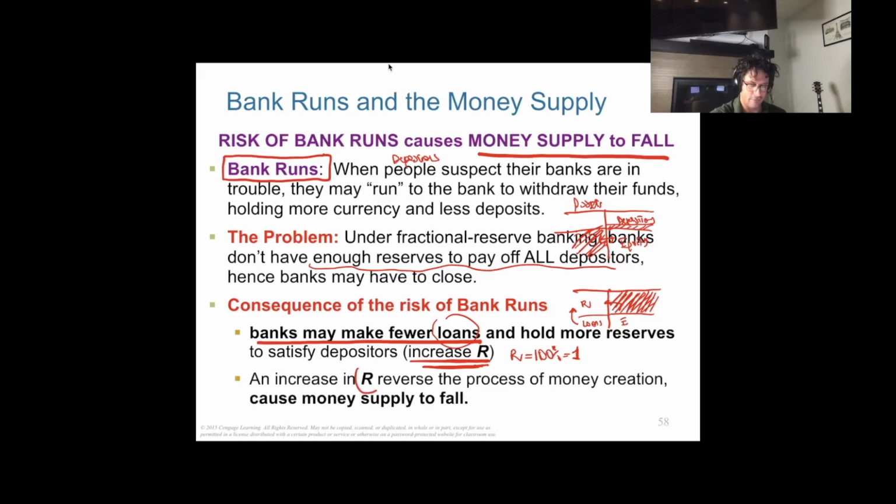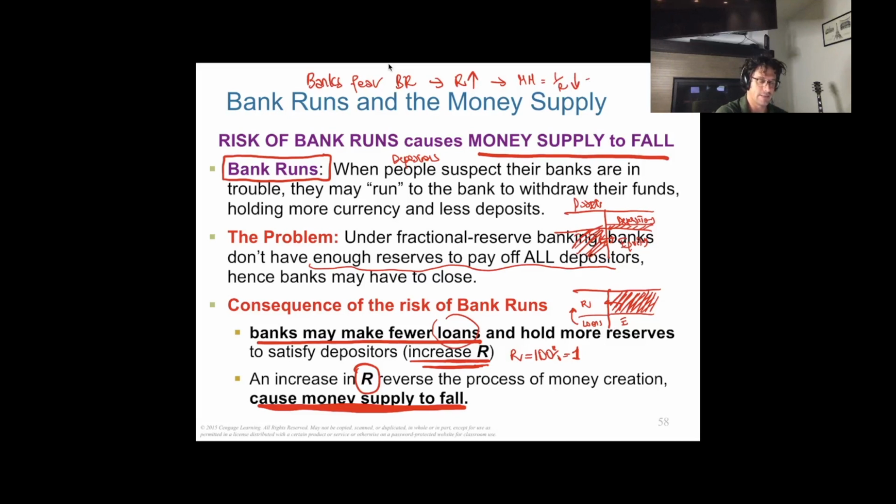An increase in R, of course, causes the money supply to fall. So the chain is the following. If the banks fear bank runs, they increase their reserve ratio. By increasing their reserve ratio, they reduce the money multiplier.